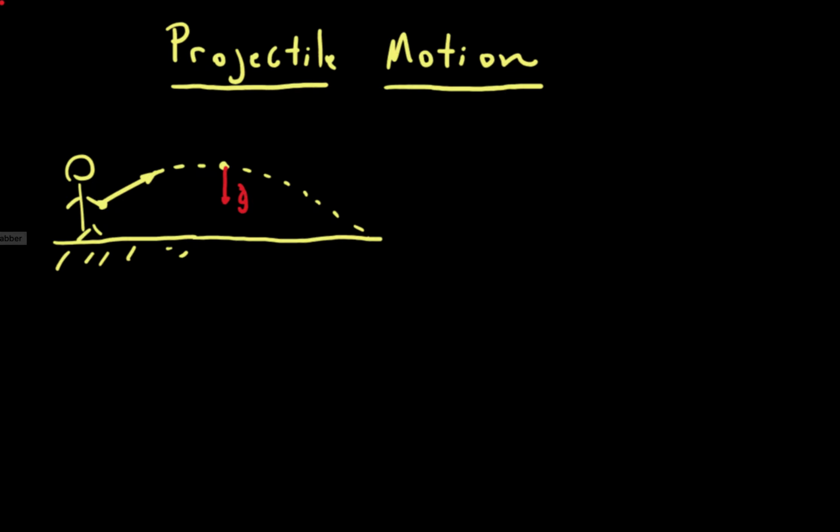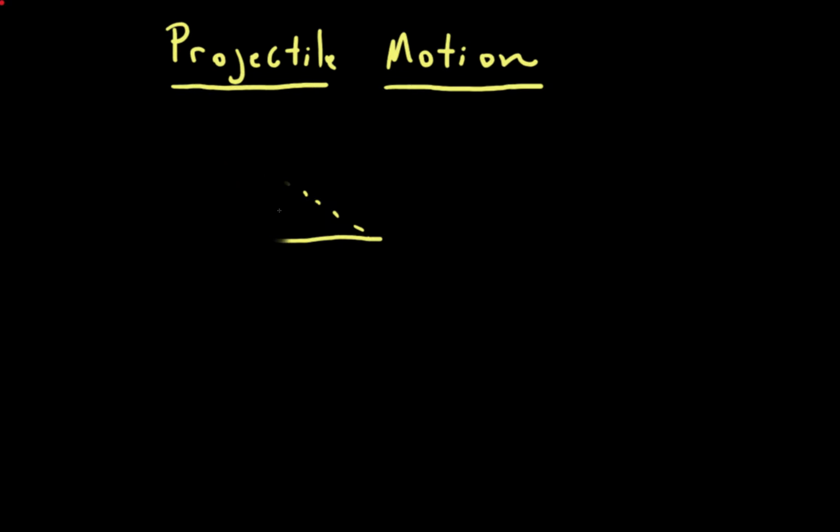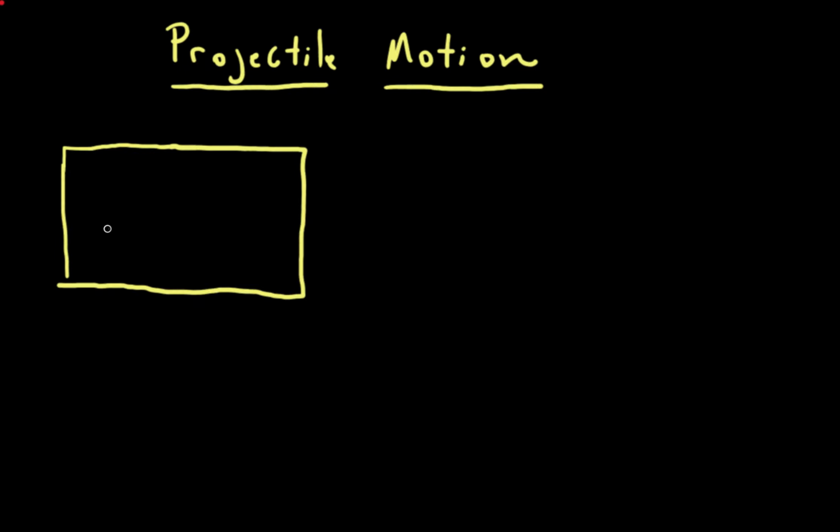So let me also give you a different example, one that will be a little more useful. Imagine you are inside a cabin or something. It could be a train or an airplane, could be anything like this. And there's a person here holding a ball, and they throw the ball up and down.